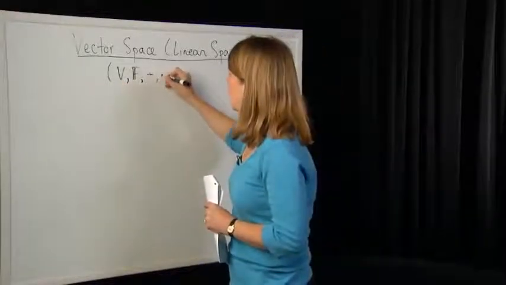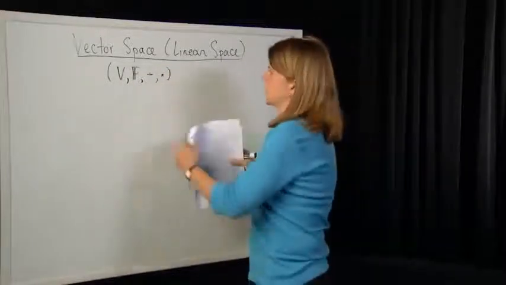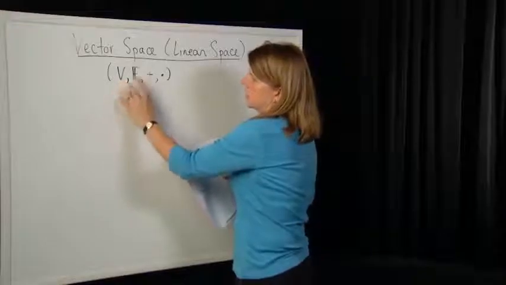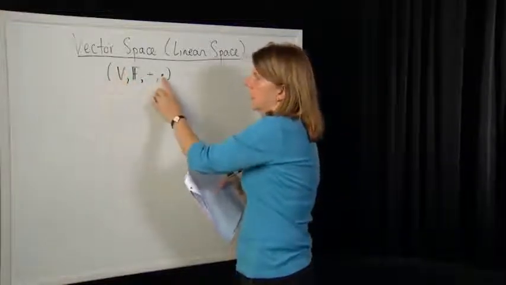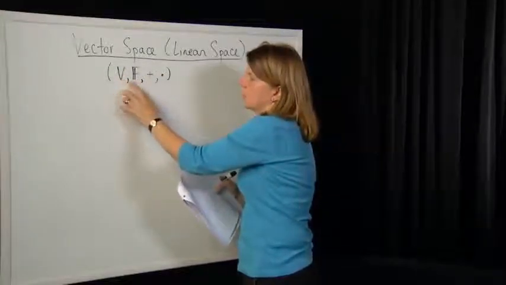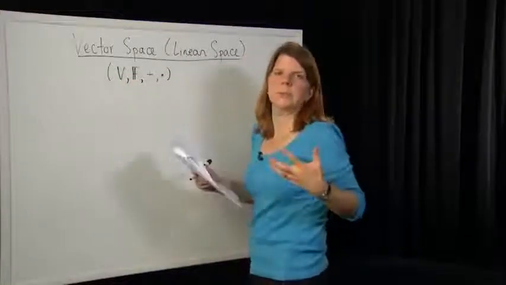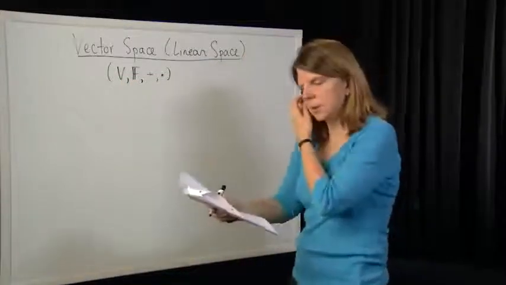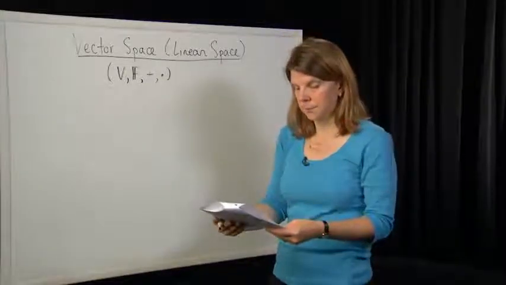And we have a dot, and now this means scalar multiplication. So that plus means that it's the operation that I'm going to apply to two vectors to get another vector. And this multiplication means I'm going to take a vector and multiply by an element of my field, which we'll loosely call scalars. That's typically what the field elements are called when it's associated with a vector space.